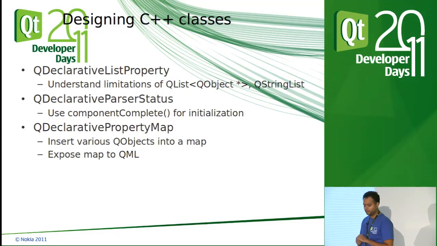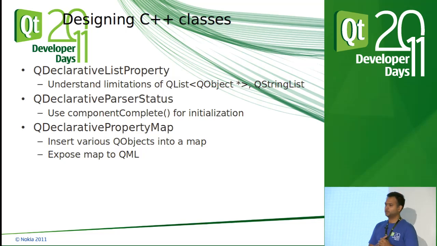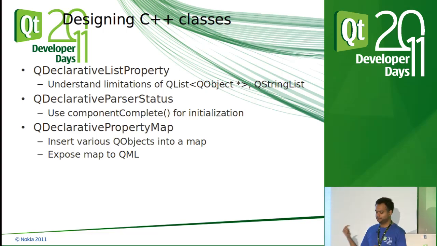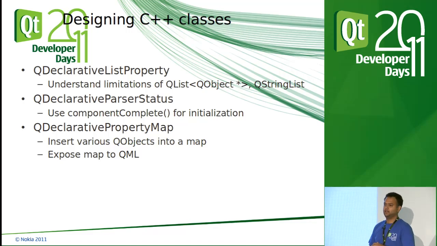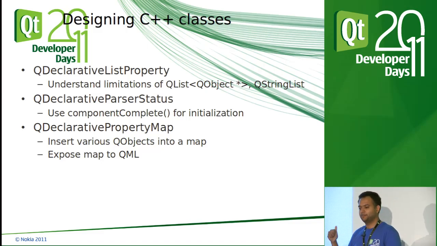One of my favorite classes is QDeclarativePropertyMap. QDeclarativePropertyMap provides a mechanism by which you can collate QObject instances and expose them to QML. So as an example, if you have two QObject instances, let's say A and B, if you just put them in setContextProperty A, setContextProperty B, in the QML you would actually access these as A.property, B.property, right?